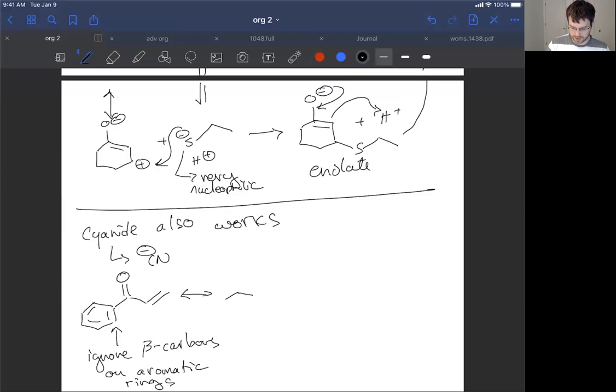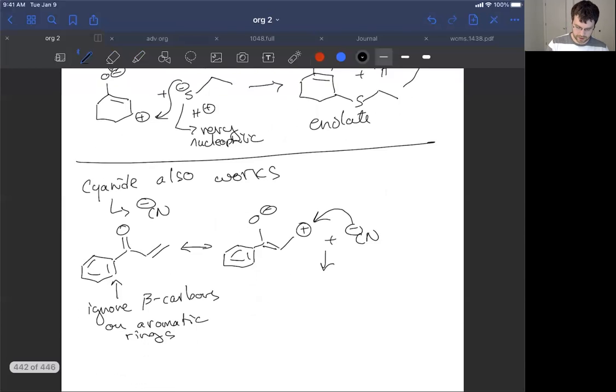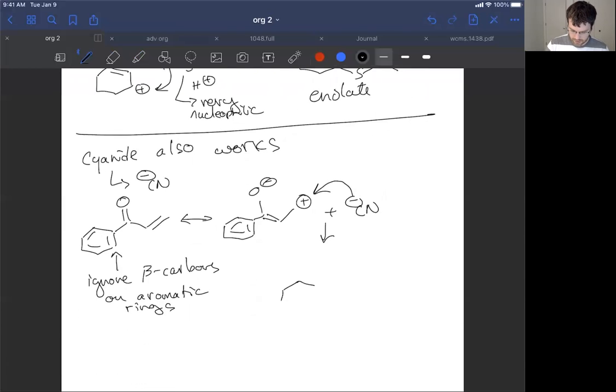So I'm going to show that resonance structure. And I'm going to add to that CN minus. Okay, now let's be careful about our carbon count here. This is the part of the semester when everybody starts losing carbons. All right, there's my structure. There's my new bond. 1, 2, 3, 4.